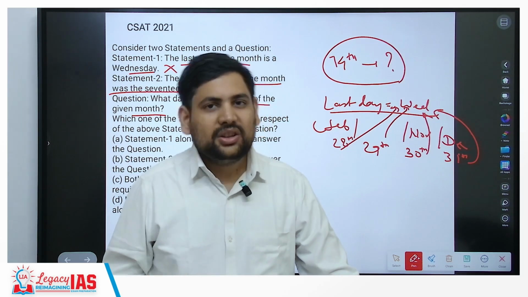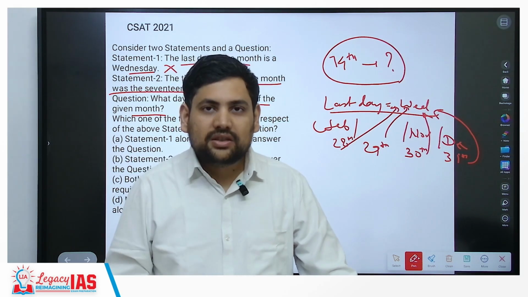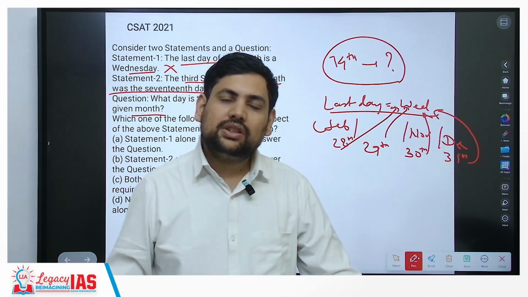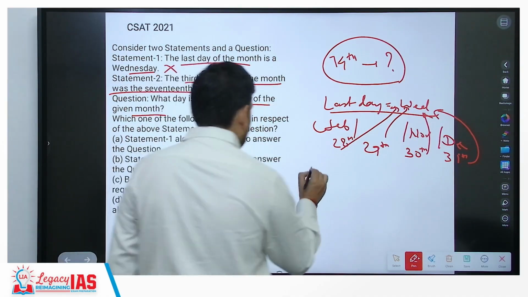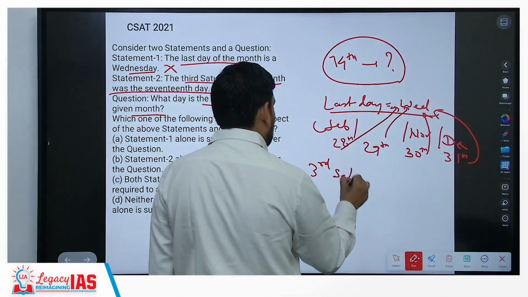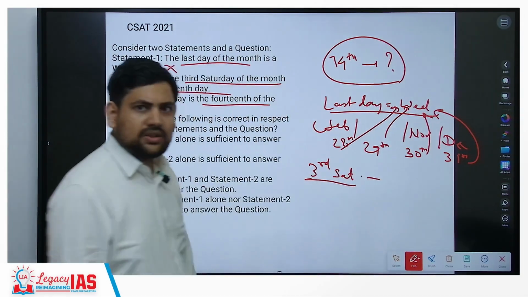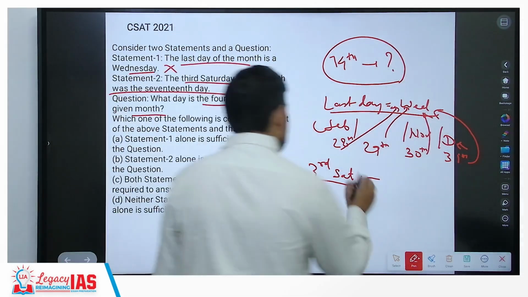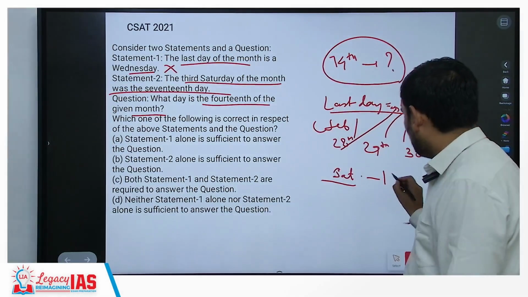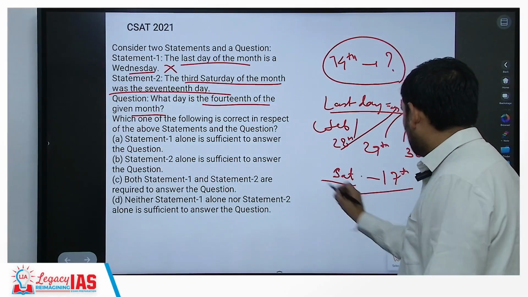The third Saturday comes every month. It does not even matter which month, which year, nothing. So third Saturday comes every month, does not matter. So ultimately what he is telling you simply is that on the 17th it is Saturday.